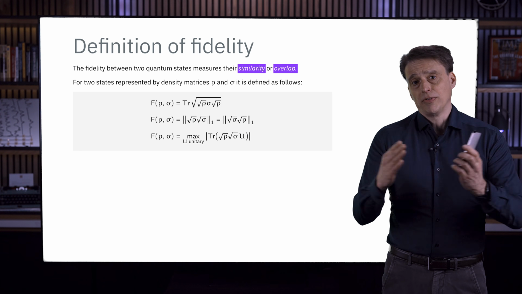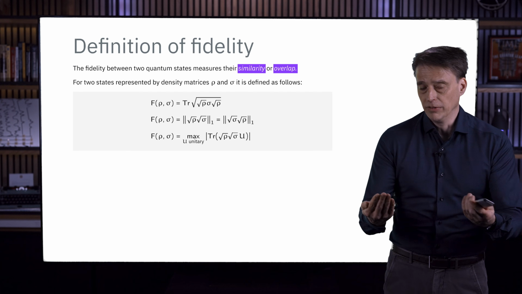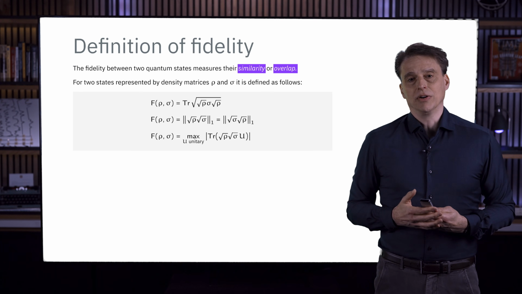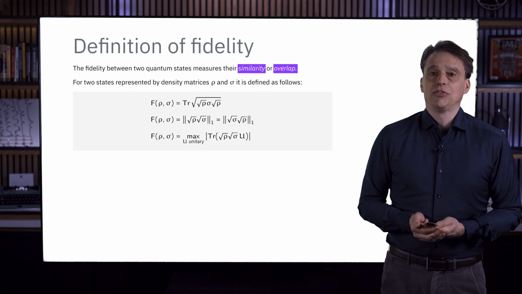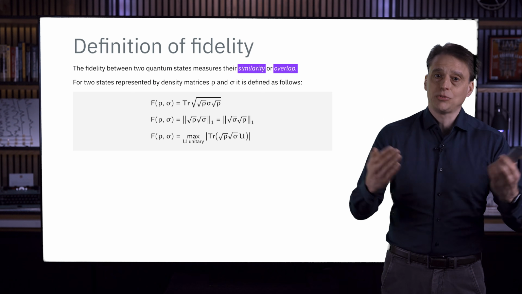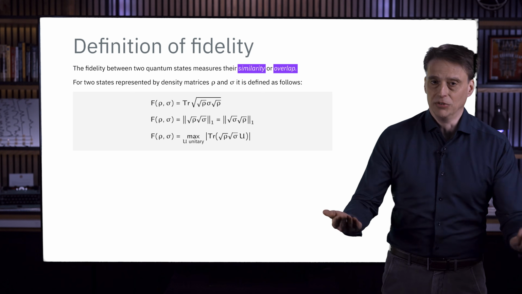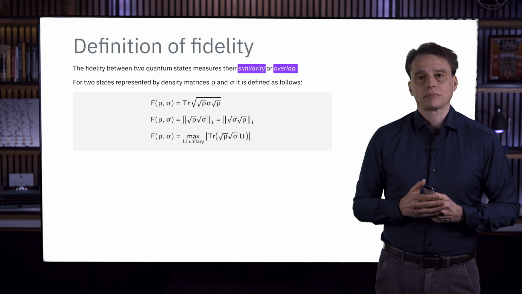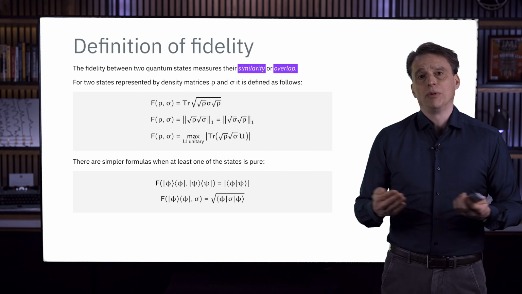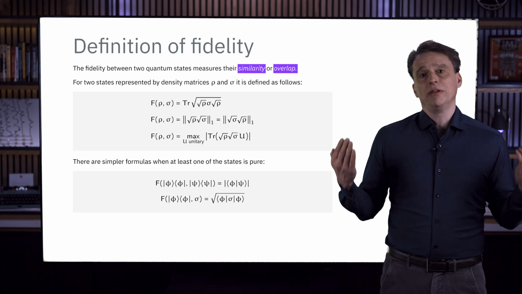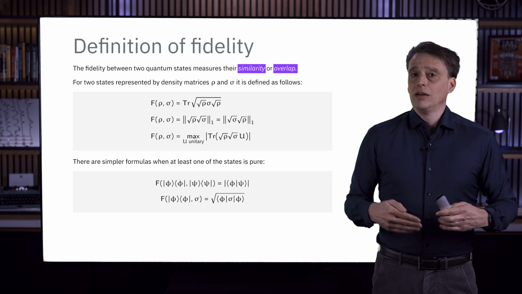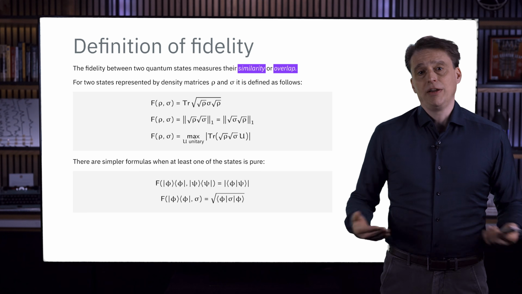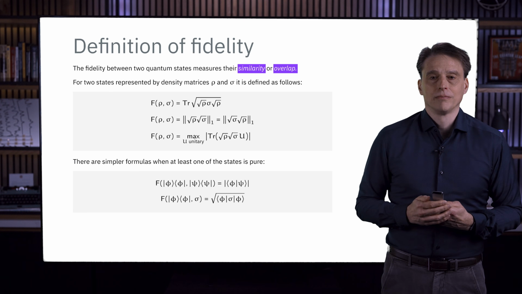Okay, so that's fine, but what does it all mean at an intuitive level, and why should we care about this function? To answer these questions, it's helpful to consider the special case in which at least one of the two density matrices represents a pure state. If both states are pure, then the fidelity is simply the absolute value of the inner product between the two quantum state vectors, and in some ways this is a principal motivation for the fidelity itself.